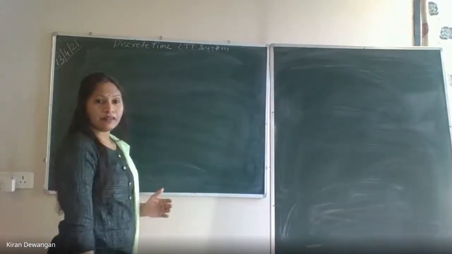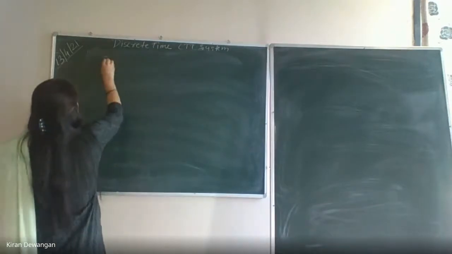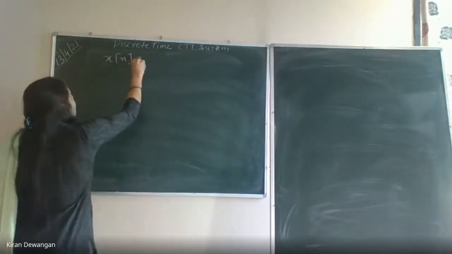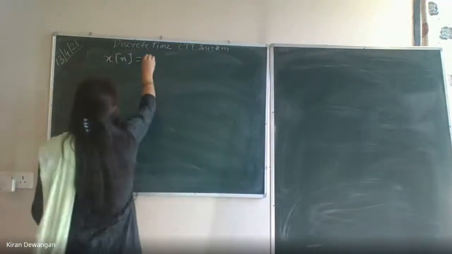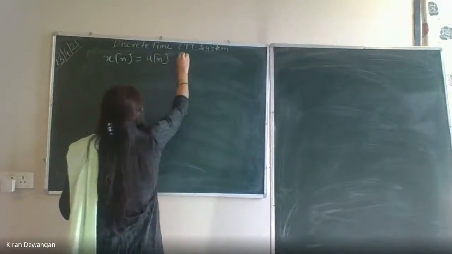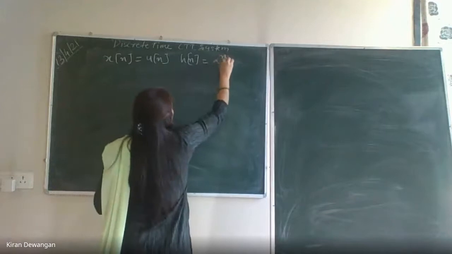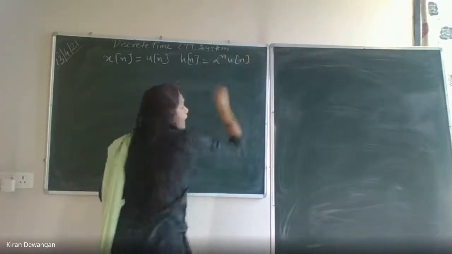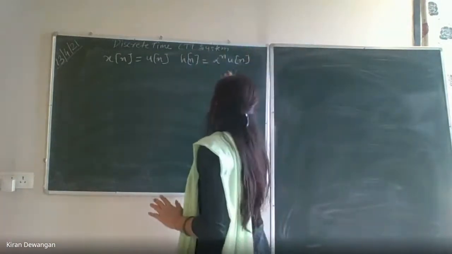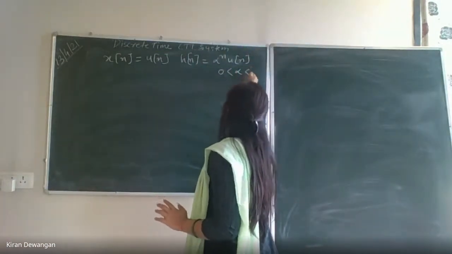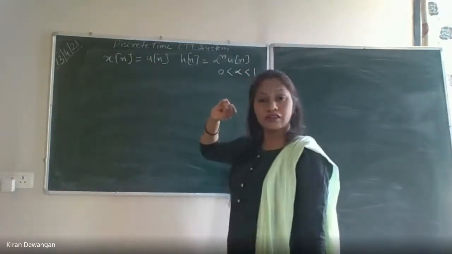Compute y of n if x of n given is just u of n and h of n given is alpha to the power n u of n, for alpha having a value between 0 and 1.